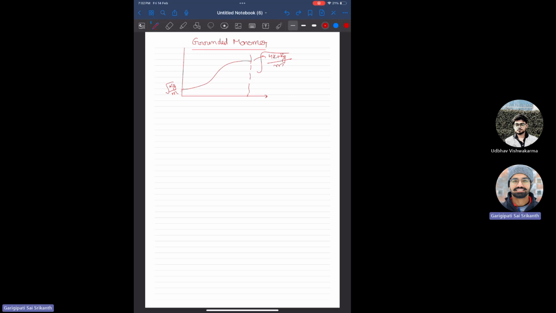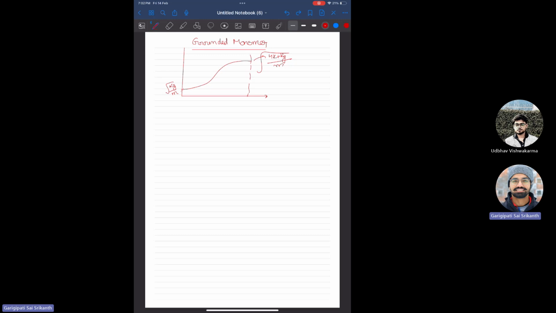So what we see is when you have a grounded system, you have a band gap starting from zero. Let us visualize why it is happening. Let us visualize this mode.